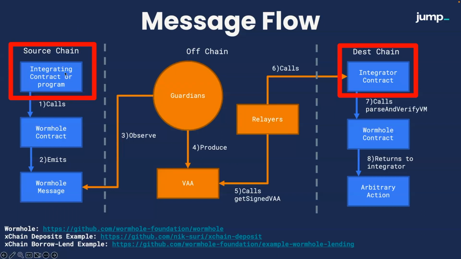And then you write the contract on the destination chain that composes on top of the Wormhole core bridge contract. So you write the contract that will receive the VAA, verify the VAA against the core bridge contract, and then take whatever action needs to be taken based off of the content that's in that VAA.